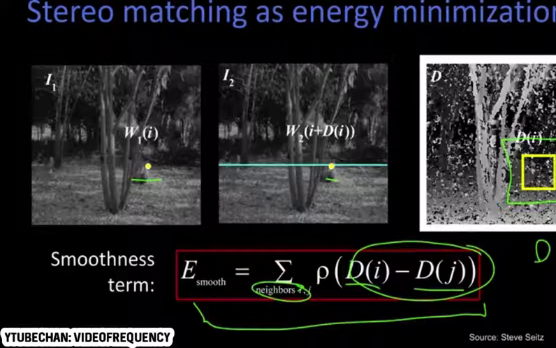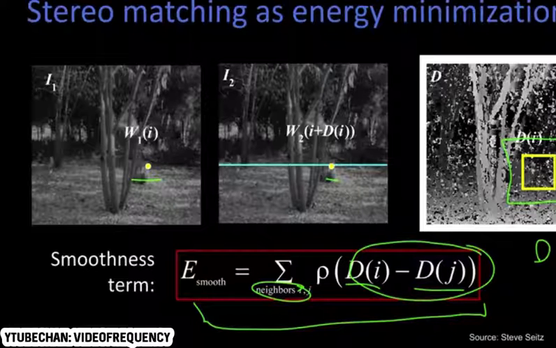Now this rho function is essentially a robust norm. So what you want is, it's okay to make small amounts of change, and then it should get expensive to make large changes, but it shouldn't get even more expensive to make even bigger changes, because that's going to be sort of a jump at an occlusion. So you can think of that rho function as a square that maxes out.